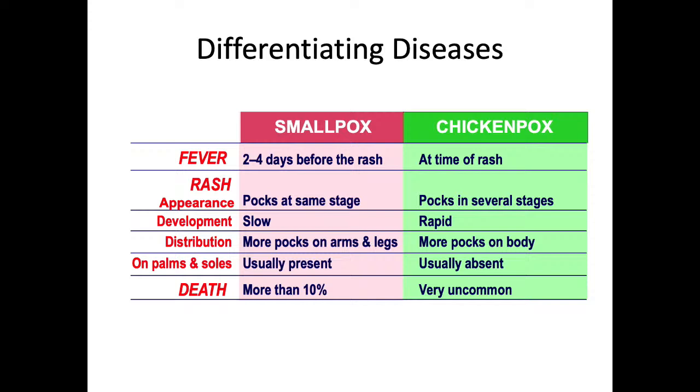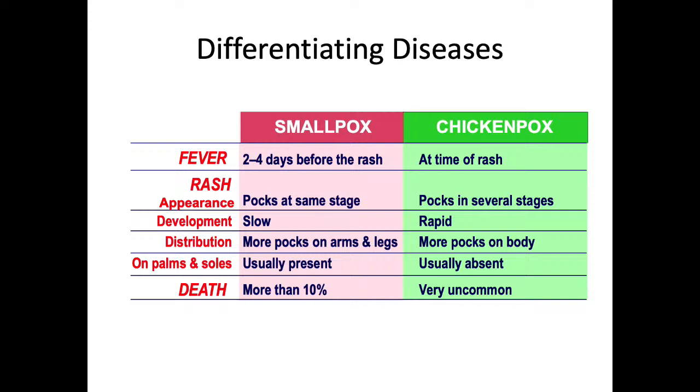Development of the disease is slow in smallpox. In chickenpox it is more rapid, and we see a difference in distribution. In chickenpox more skin lesions are on the body, while in smallpox more skin lesions are on arms and legs, and usually we see these pox on palms and soles with smallpox. In chickenpox, it is rarely seen, usually absent, but we still can see a few.